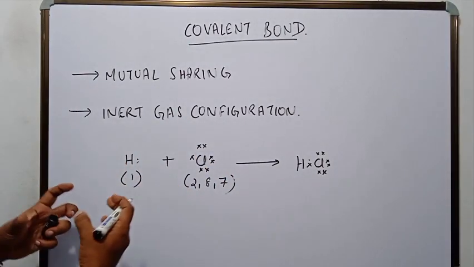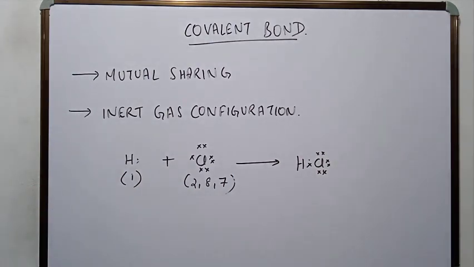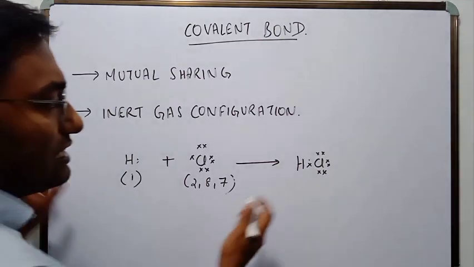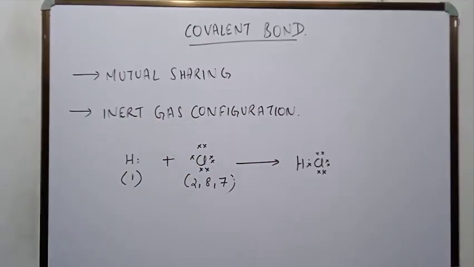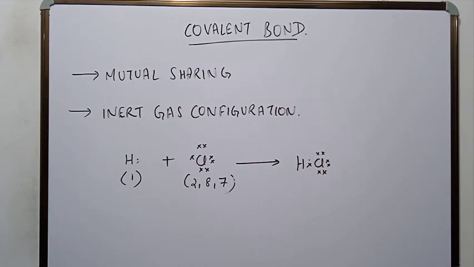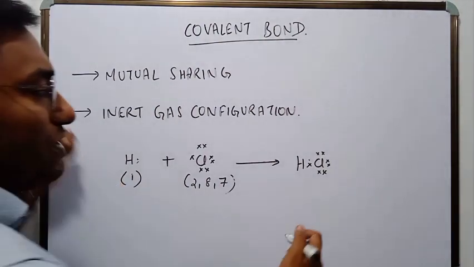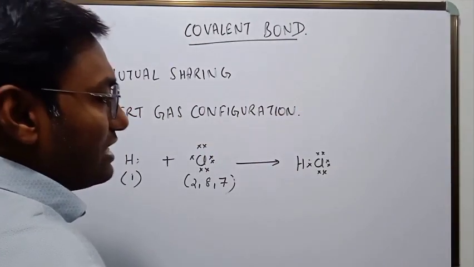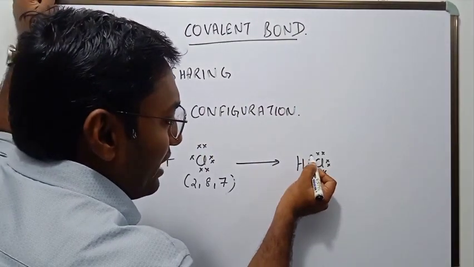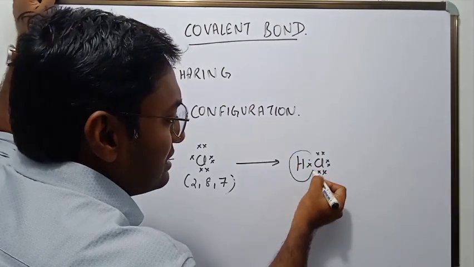Now they come close to each other because of this attraction. When they come close, they go for mutual sharing of electrons, and they achieve the inert gas configuration. Let us see how. For hydrogen, a duplet is achieved.